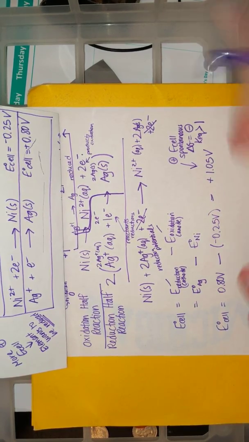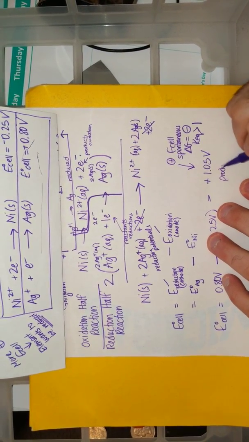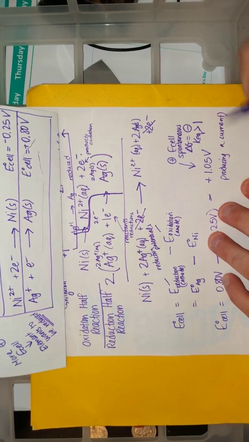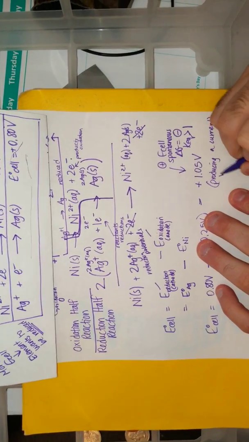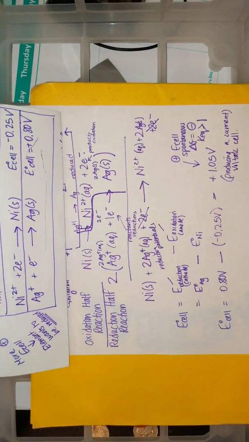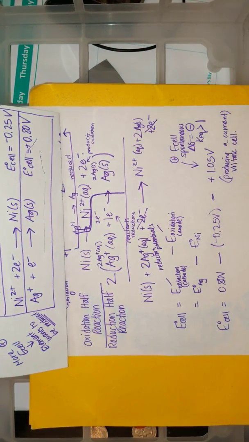It is producing a current rather than consuming a current. This is for a voltaic cell. Okay, it's producing a current. Positive E of the cell makes the reaction spontaneous. We know that delta G will be negative for spontaneous reactions, and since it's going to be spontaneous, Keq is going to be greater than 1.